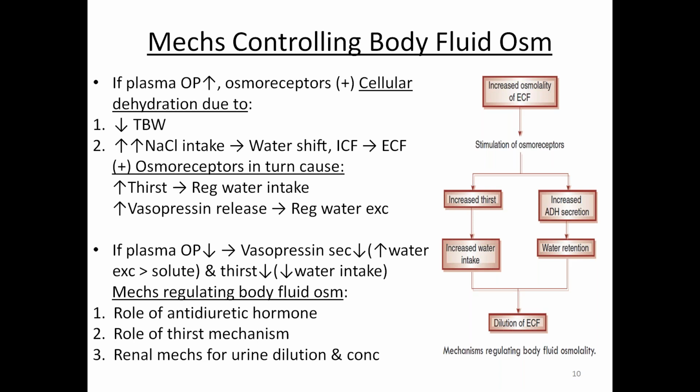When the effective osmotic pressure of plasma rises, the osmoreceptors located in the anterior hypothalamus get stimulated. Stimulation of receptors results because of their shrinkage caused by cellular dehydration. How would the cellular dehydration occur in the first place? Either because of a deficiency of total body water, or because of excessive intake of sodium chloride.